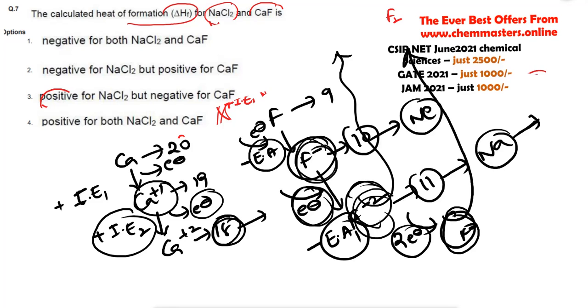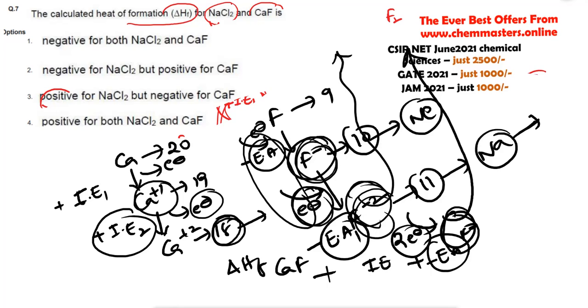So that's why, for the enthalpy of formation of CaF, now we need to take the sum of ionization energies plus the sum of electron affinities. So just check here, the electron affinity is the largest negative value when compared with the positive ionization energy from calcium to calcium plus 2.